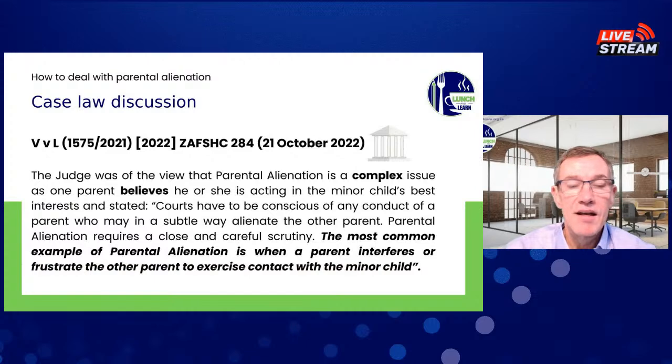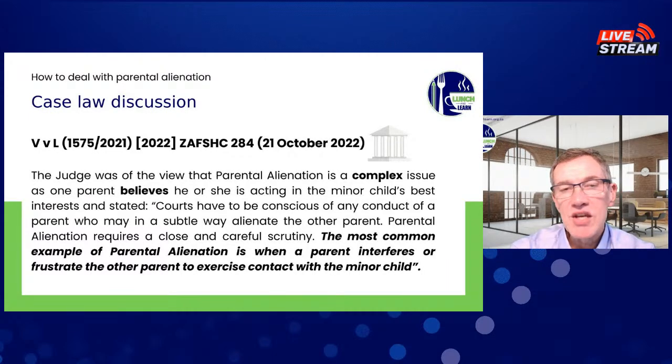The appellate division in T versus M also made reference thereto in 1997, where they acknowledged the dangers of parental alienation. Staying with the V versus L case, the judge was of the view that parental alienation is a complex issue and that it is not in the best interest of the child.